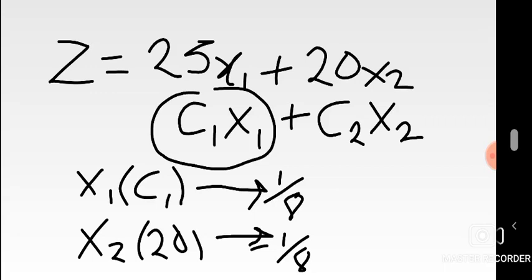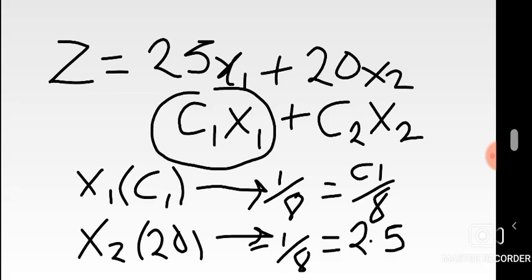So c1 times 1 over 8 gives you what? Then this is supposed to be c1 over 8. The next one, what is 20 divided by 8? I should believe that's 2.5, if I'm not mistaken. 20 divided by 8, yes, 2.5. Okay, and negative, by the way, because this was negative 1 over 8.